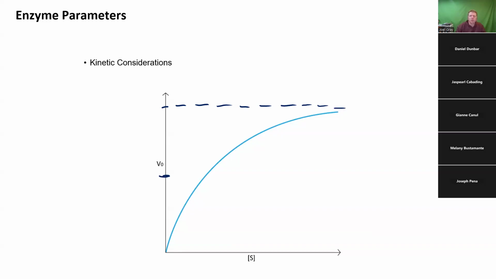What is the halfway point on an oxygen binding curve? What is that called? P50. Okay. Now, we're talking about an enzyme here as opposed to an oxygen binding curve. So it's not a P50, but this is an equally important point.